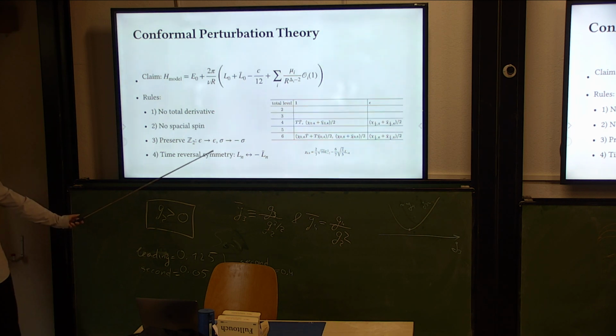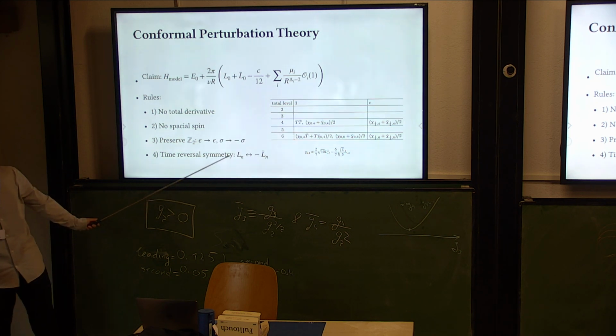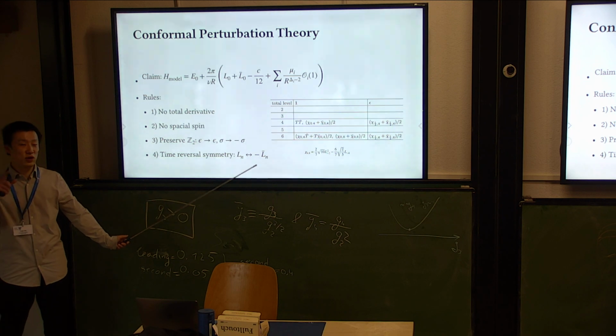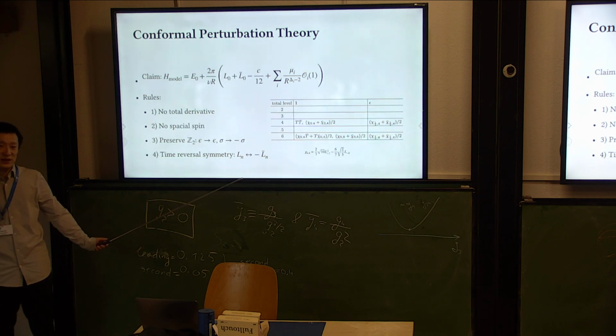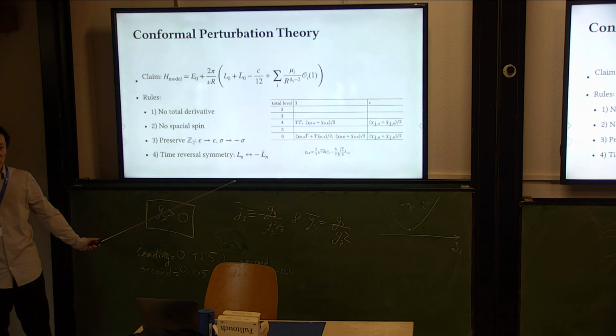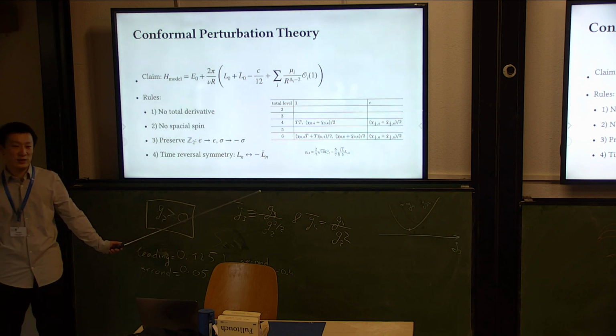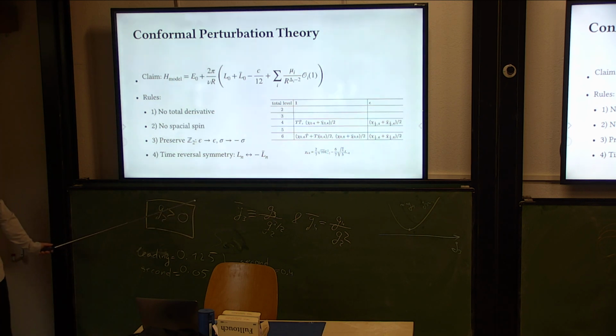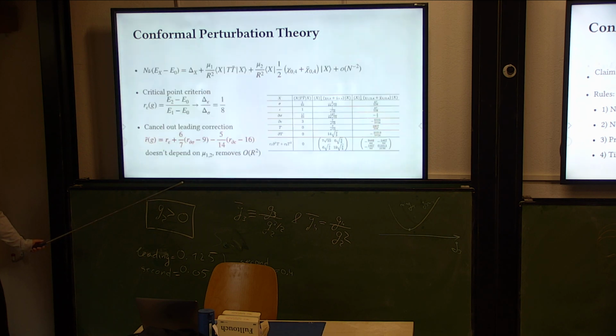So this means that all of our operators should be symmetric under this. So something like L3 plus L minus 3 would not be allowed because of this rule. I think it's like a minus 1 today. Yeah, there was a typo.